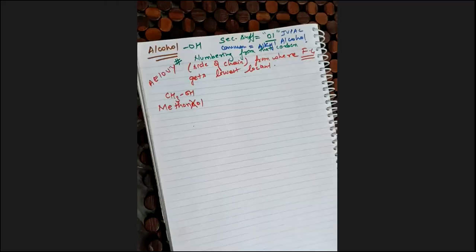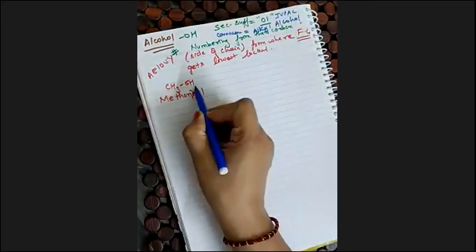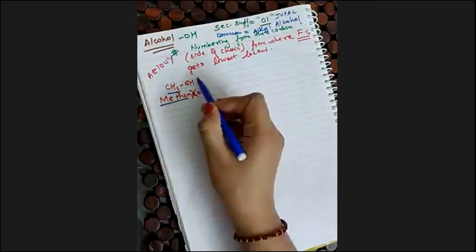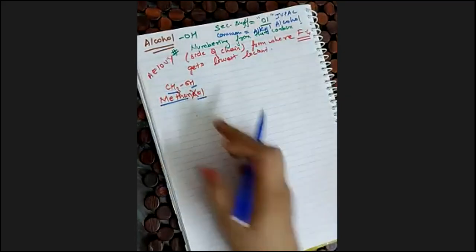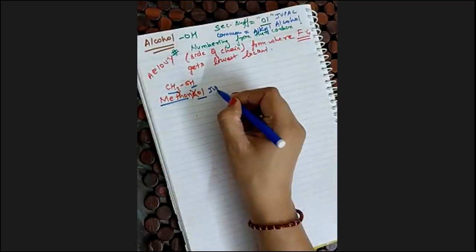When we talk about the nomenclature of a compound, we focus on both the IUPAC name as well as the common name. The IUPAC name of CH3OH is methanol: methane plus ol for alcohol.